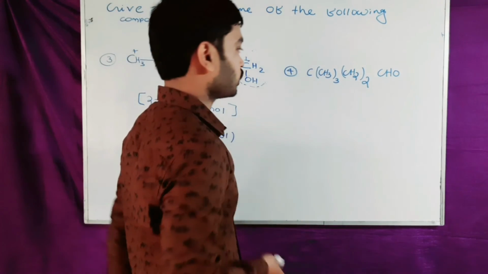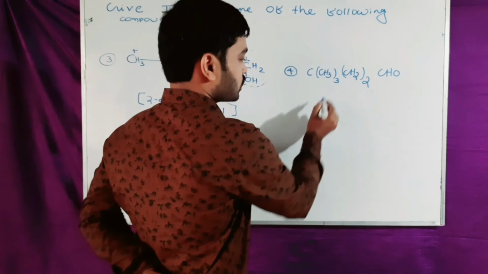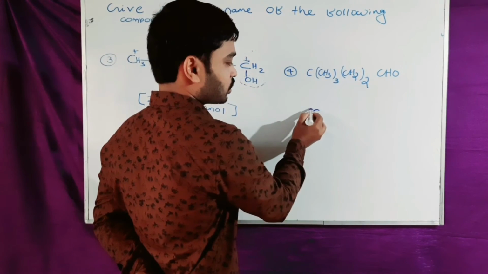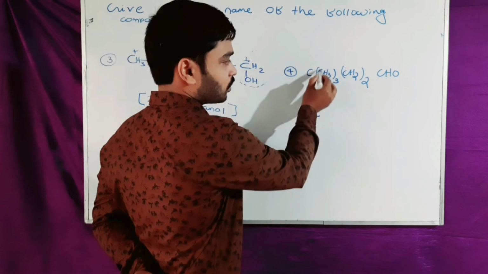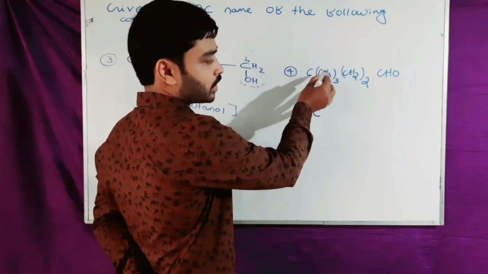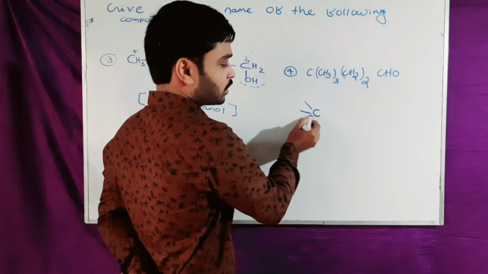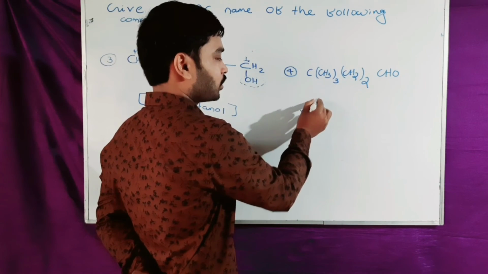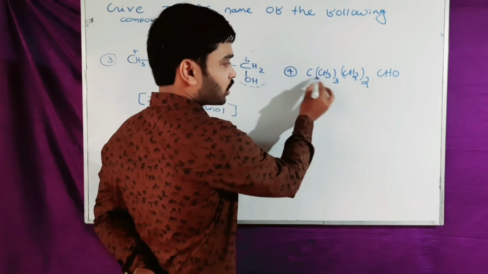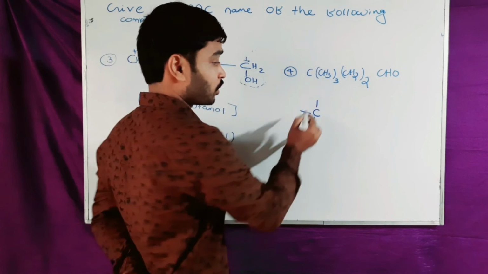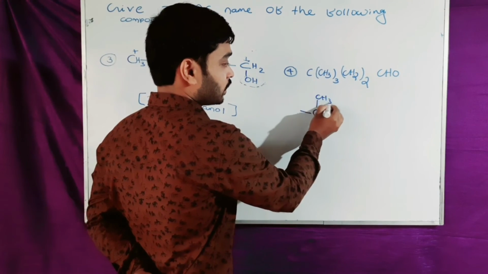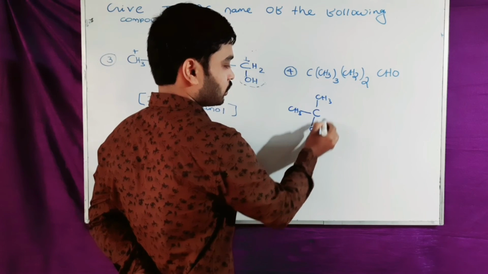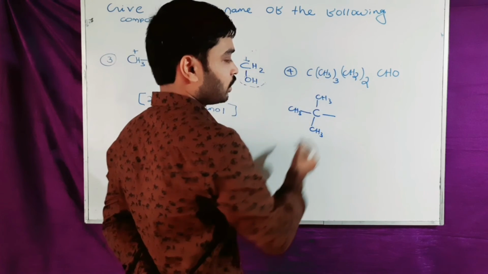Similarly, going for the next question, in this case you should open the structure. The formulas expressed within the bracket are expressed at the left, right and top side of the compound. The carbon is bonded to 3 CH3 groups, so CH3 is expressed in this way, and 2 CH2.